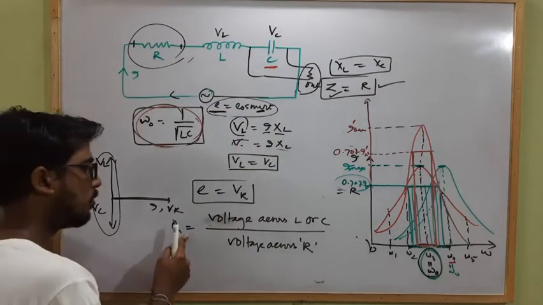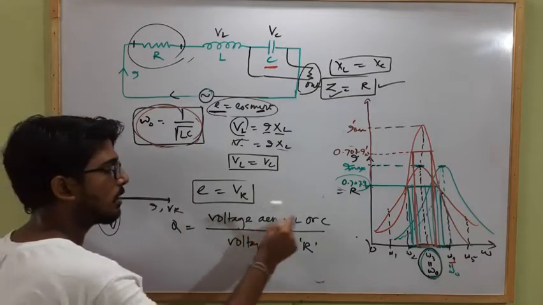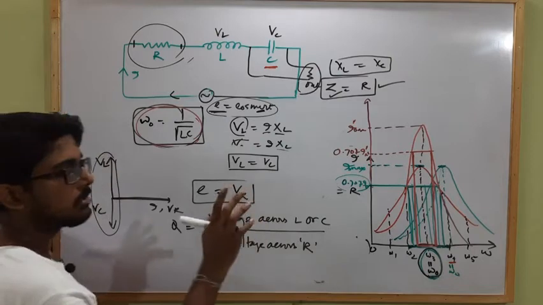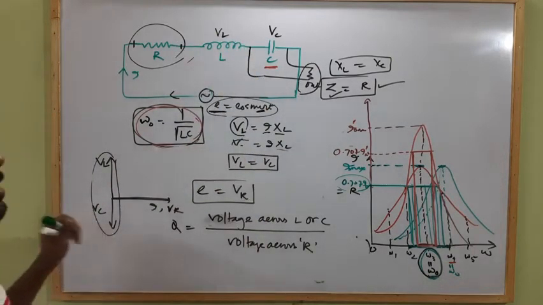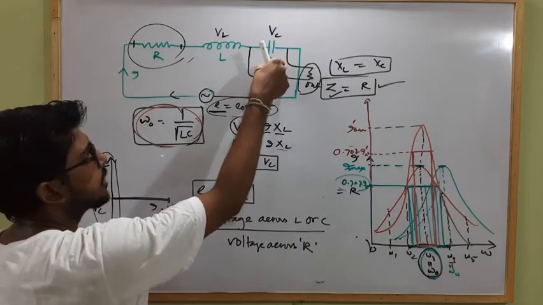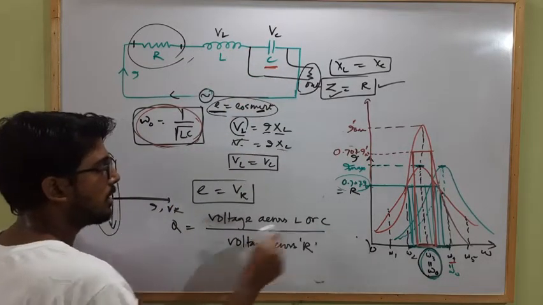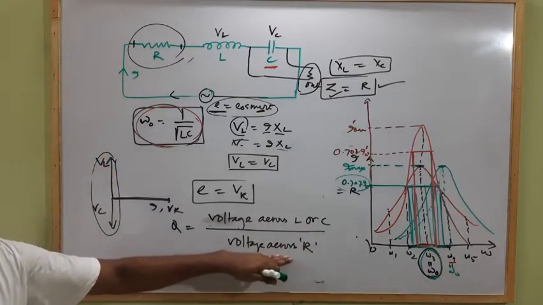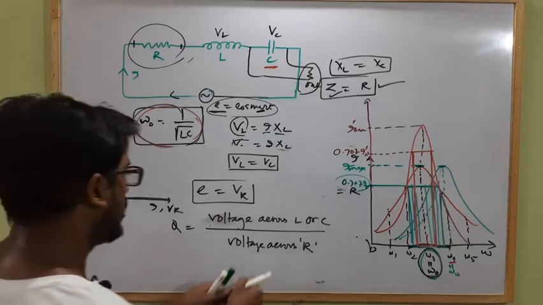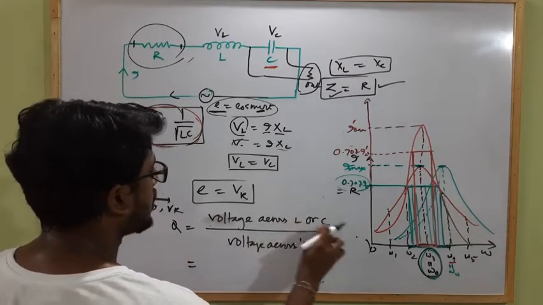You can choose across which you are taking the output, either capacitor or inductor. So it will become how much? We know the voltage across L or C; you can choose one of them.